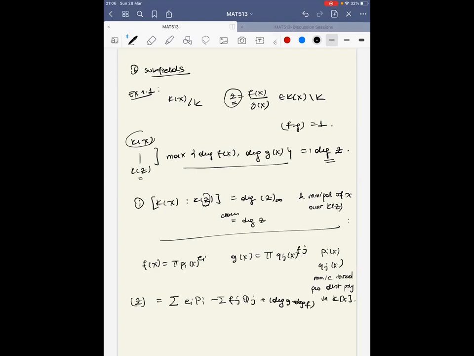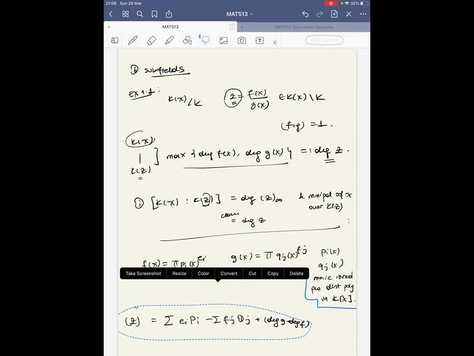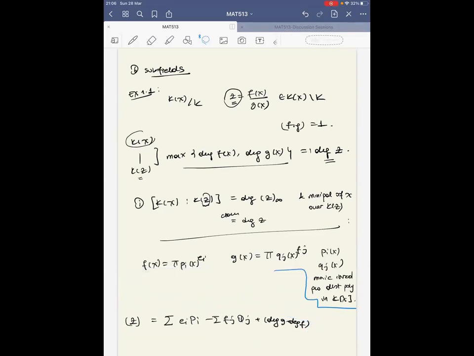Degree f, degree g minus degree f times P infinity.